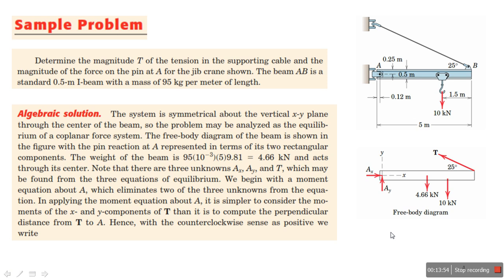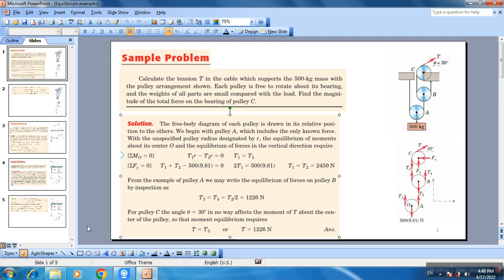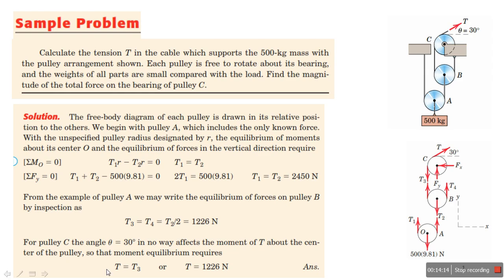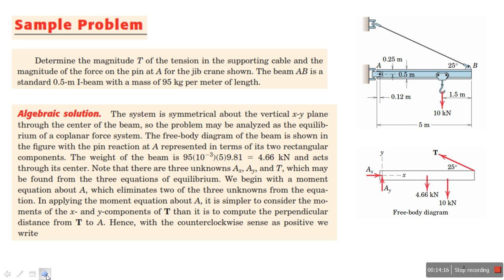Sample problem 3. Now determine the magnitude T of the tension in the supporting cable and the magnitude of the force on the pin at A for the jib crane shown.